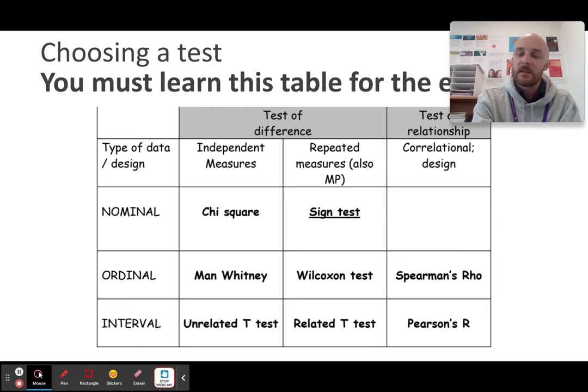So in this case, you'd say, well, a Spearman's rho is a correlation, and we can see it's a correlation because blah, blah, blah. It's a test of a relationship, and we can see it's a test of a relationship because in this correlation they did blah, blah, blah. And it's also ordinal data because the data is rankable, and we can see this from the stem because blah, blah, blah. You need to be able to do this.